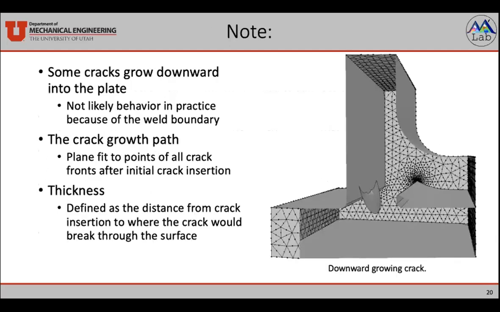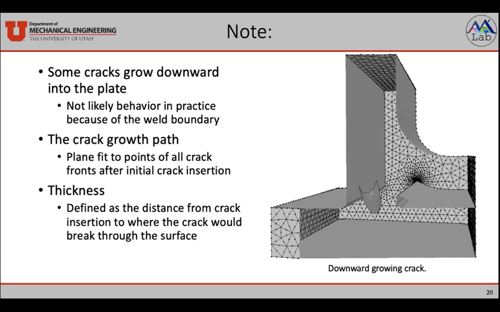Here's the crack growth path. In this figure on the right, we can see how it started to grow downward into the plate. This was unexpected. We expected more of a self-similar crack growth. However, this was what the calculated kink angle was from Franc3D.